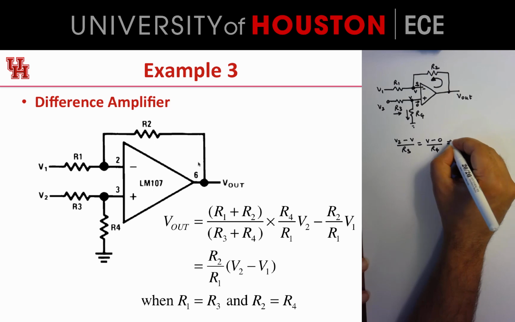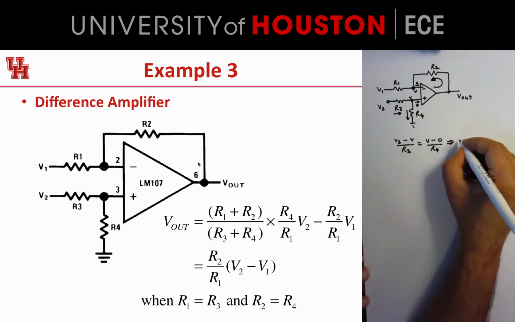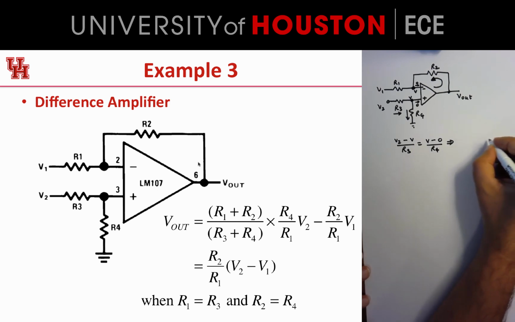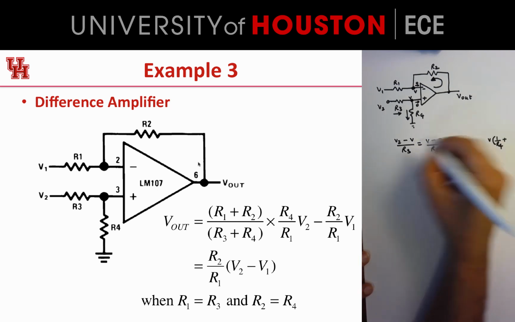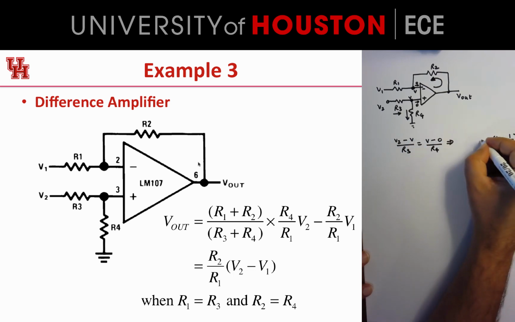From that we can solve for V. On the right hand side you have V times 1 over R4, and if I move this term onto this side, it's 1 over R3.